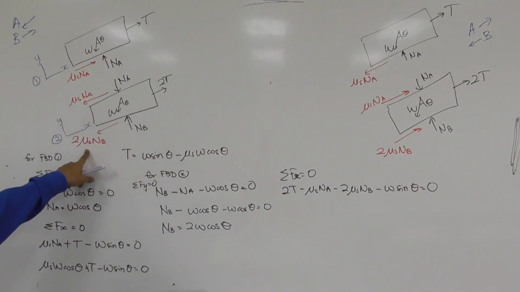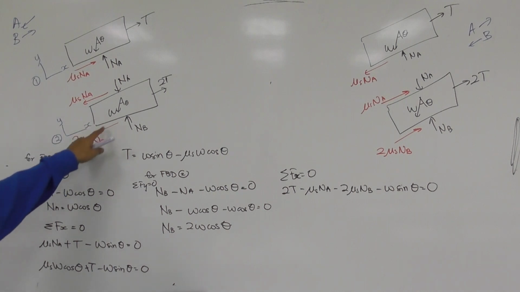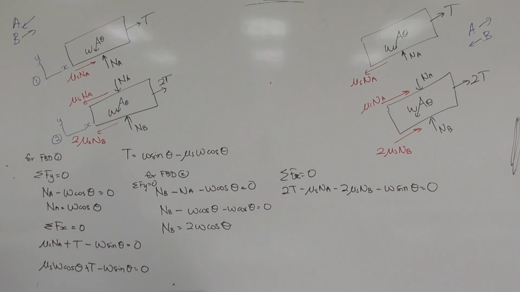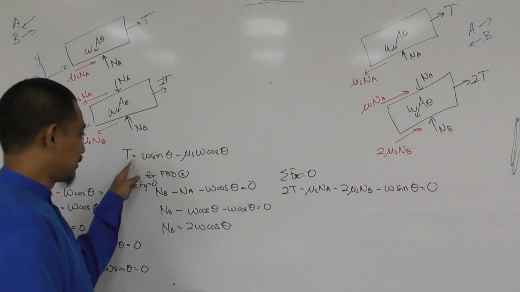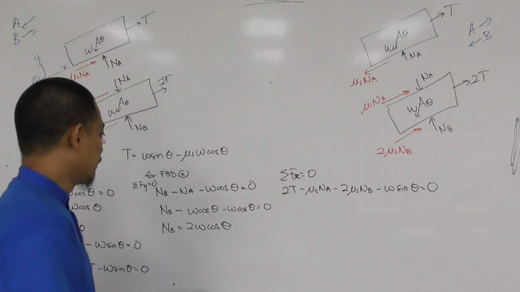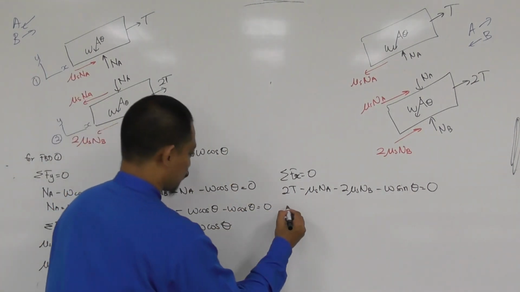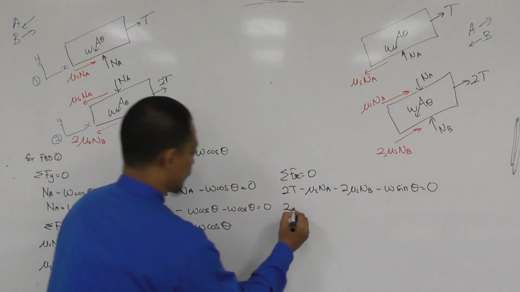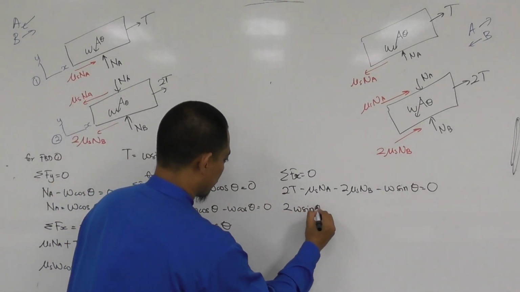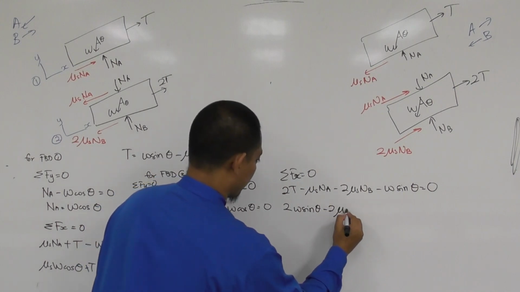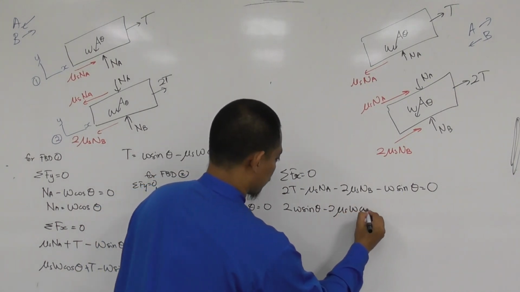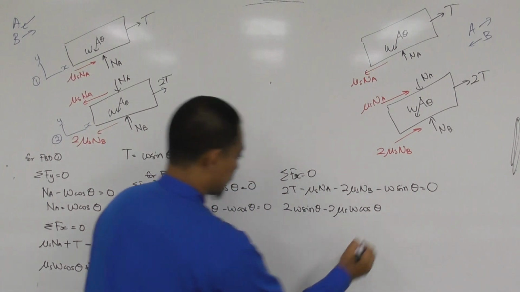Right, 2T minus mu s NA minus 2 mu s NB minus W sin theta, and T is already equal to here, right? So T equal to the whole thing, so for 2T, we plug in this whole thing, so 2 times W sin theta, and then this one minus 2 mu s W cos theta.